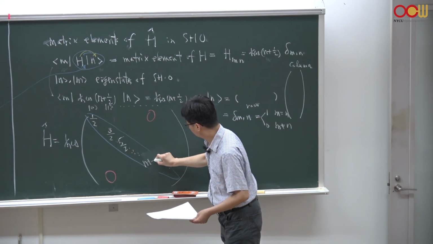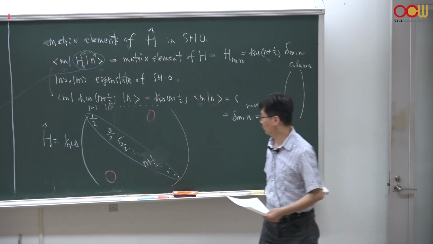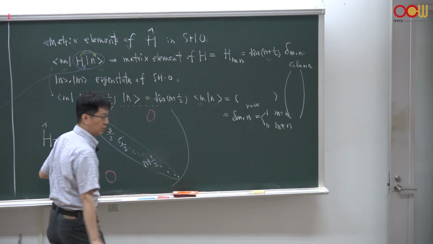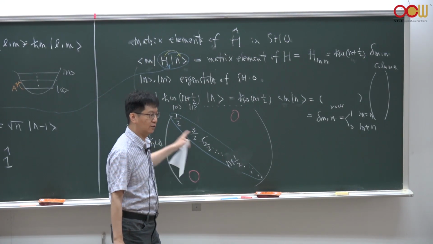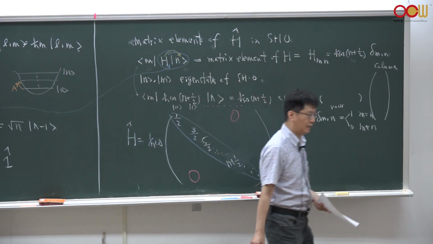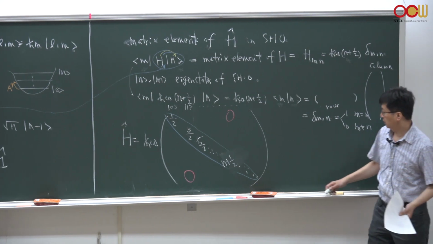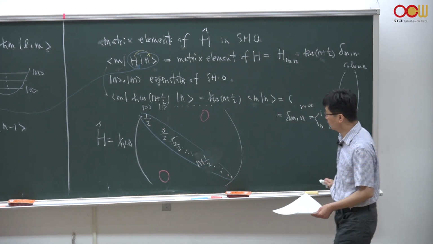n plus 1/2. Okay, so this is again the trivial example of the matrix representation of a harmonic oscillator, which is the diagonal matrix. Only the diagonal elements are finite, and all the off-diagonal elements are 0. Okay, so this is very straightforward.